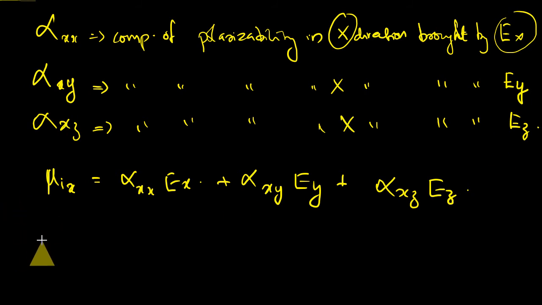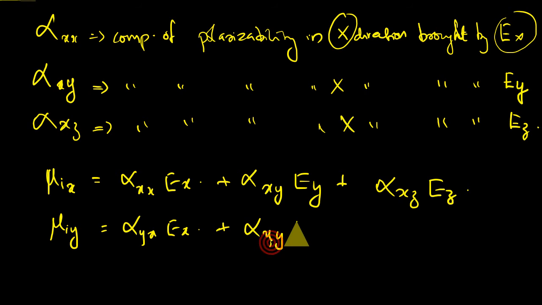And like that I can write mu Iy, that is the component of the induced dipole moment in the y direction, equal to alpha yx, where alpha yx is the component of polarizability in the y direction brought by the electric field component Ex, multiplied by Ex, plus alpha yy Ey plus alpha yz Ez.